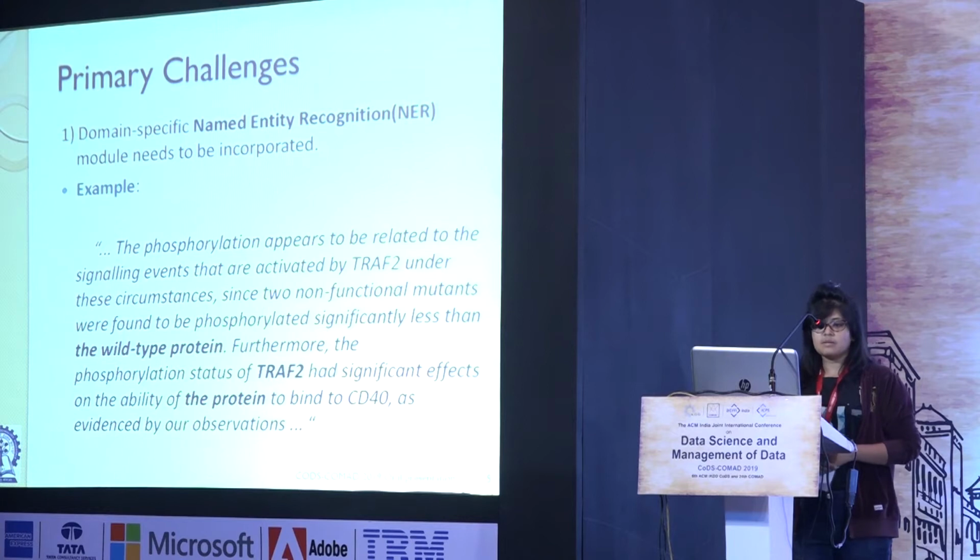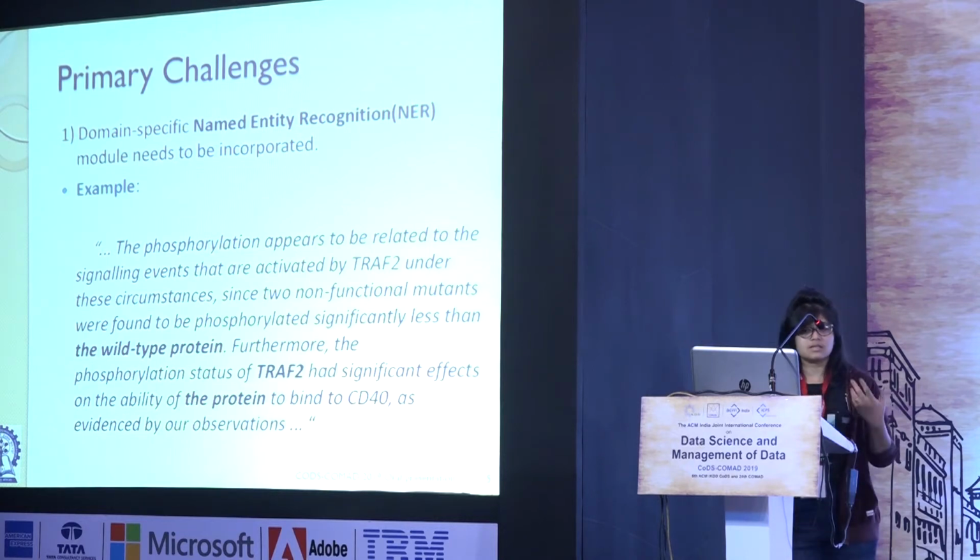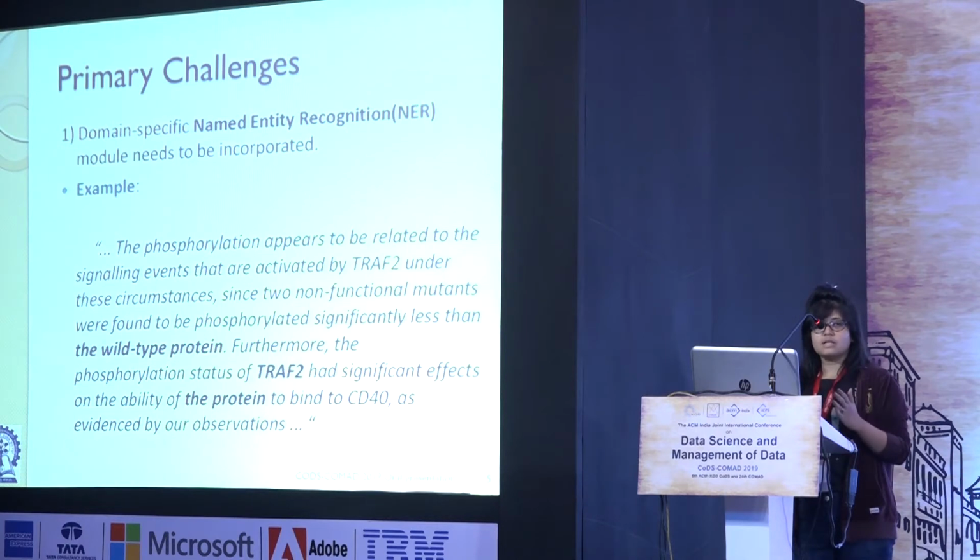But it can be a possibility that only one protein is present in a particular sentence. So we are considering here only the protein and protein related expressions as our potential entities. Therefore we need a domain specific NER module for the particular task as a pre-processing component.